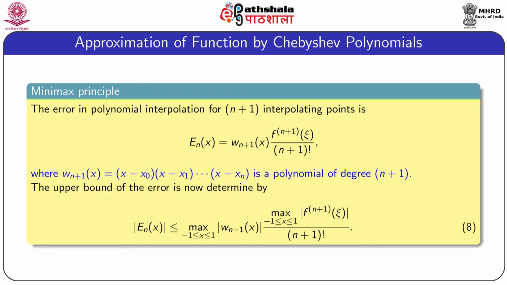Now, it is obvious that the upper bound of the error can be determined by the following expression, that means the absolute value of the error En(x) is less than or equal to the maximum over the interval [-1, 1] of the absolute value of W(n+1)(x) into the maximum value over the interval [-1, 1] of the (n+1)th derivative of f at xi by factorial (n+1).